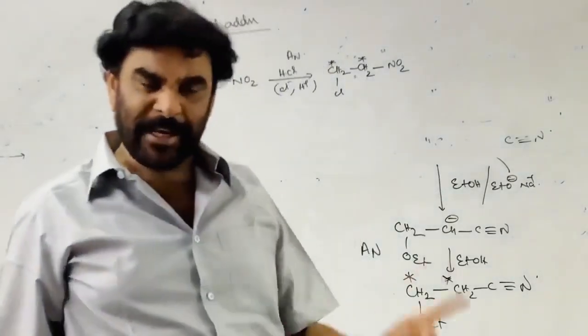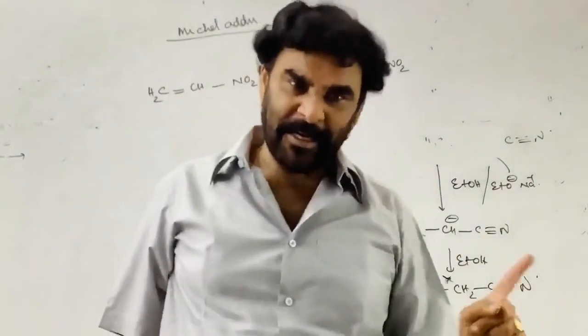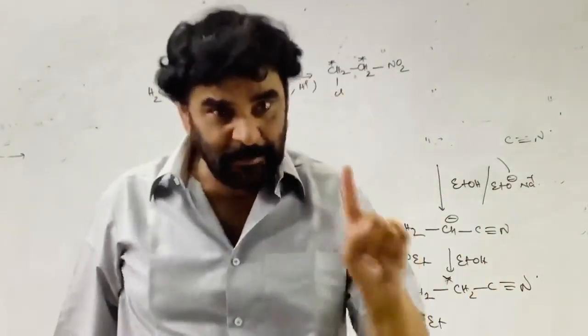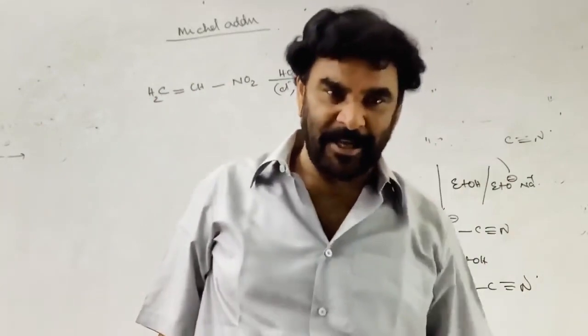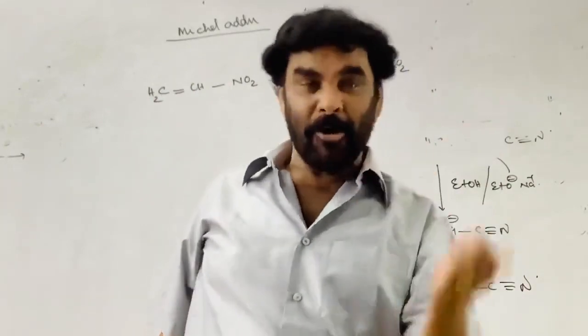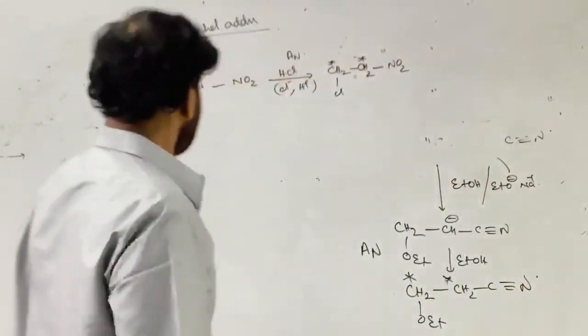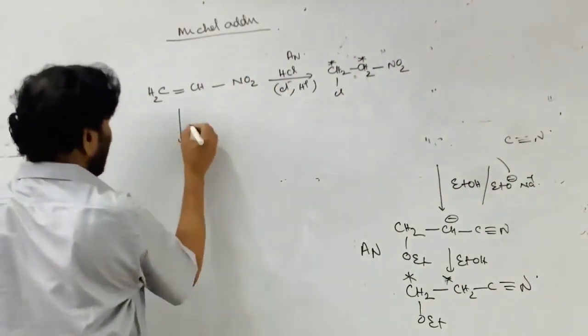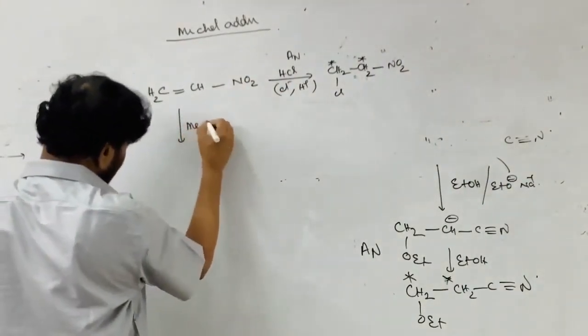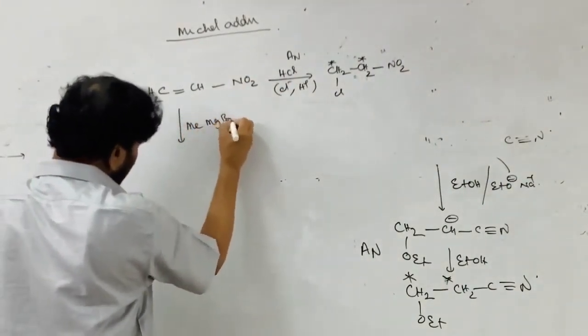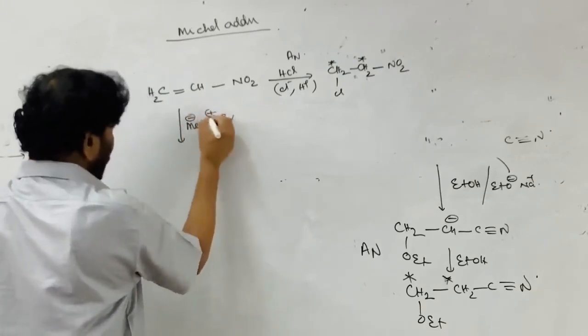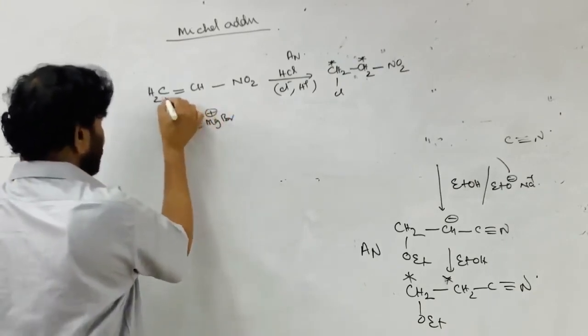Nucleophilic addition on the ethylenic center is called the Michael addition if the nucleophile is a carbanion. Suppose it is treated with Grignard reagent MeMgBr, that is minus, this is plus. Then it attacks here.